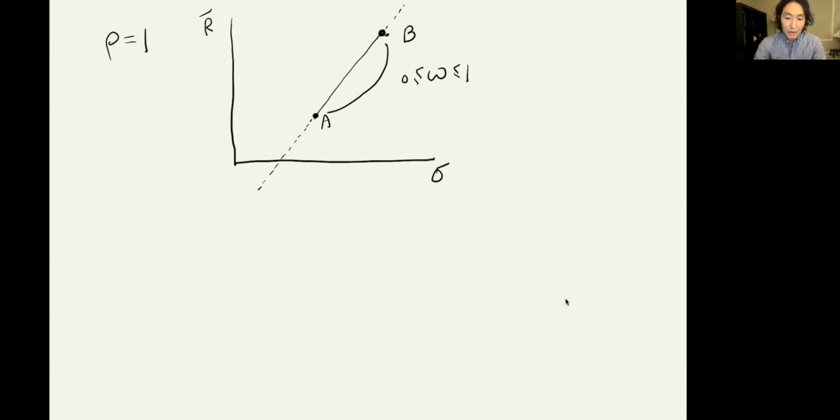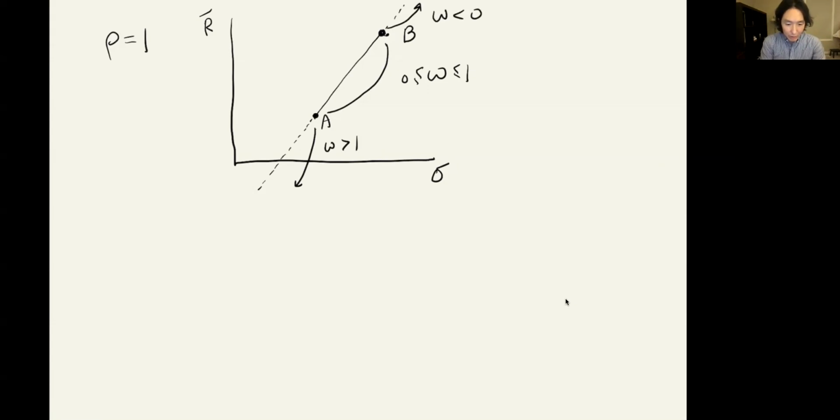And when W is greater than 1, it corresponds to the case under A. And when W is less than 0, then it corresponds to the other case.